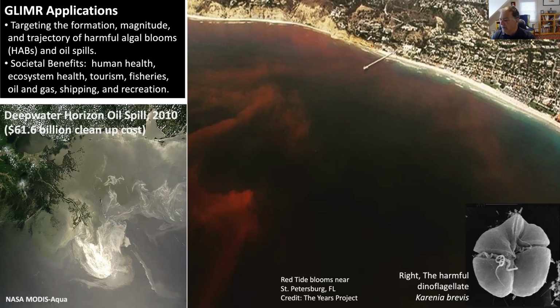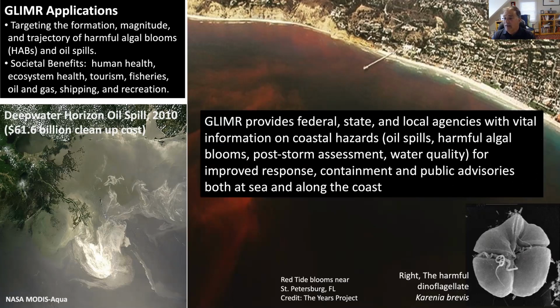Particularly we're interested in the dinoflagellate Karenia brevis. So we have these real specific applications. We have application specialists. Maria Georgiou is leading up the applications team for GLIMR. And we want to get these products out so that they can be used by society.